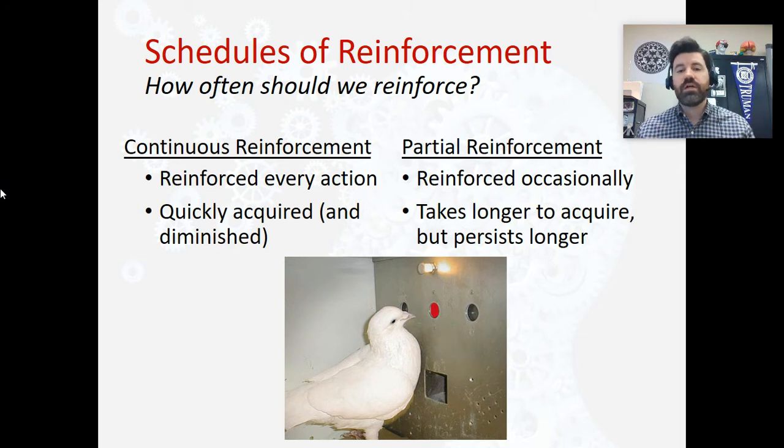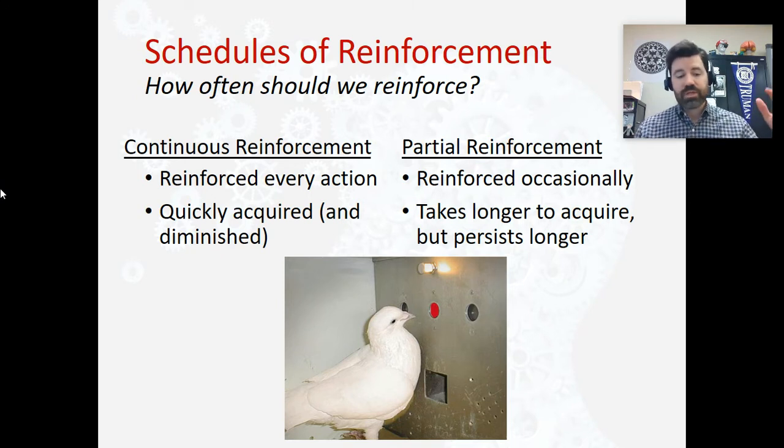There's this little colored disc in front of it, and hypothetically, it alternates between being red and being green. Perhaps every single time the pigeon pecks at that red disc, it gets food. If it pecks it once, it gets one little food pellet. If it pecks it 1,000 times, it gets 1,000 food pellets. This is what we call continuous reinforcement.